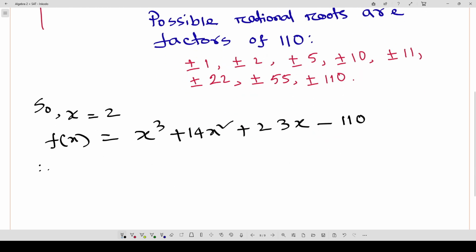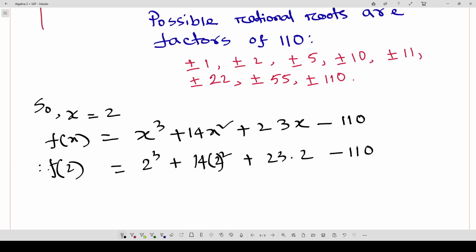If we use function of 2, it will be 2 cubed plus 14 times 2 squared plus 23 times 2 minus 110. So 2 cubed is 8, plus 2 squared is 4, and 4 times 14 is 56. Then 23 times 2 is 46 minus 110.